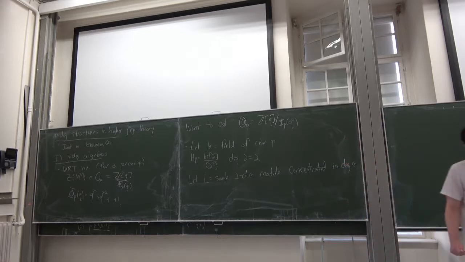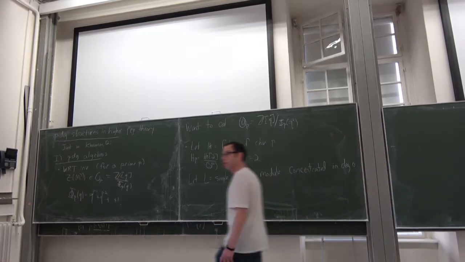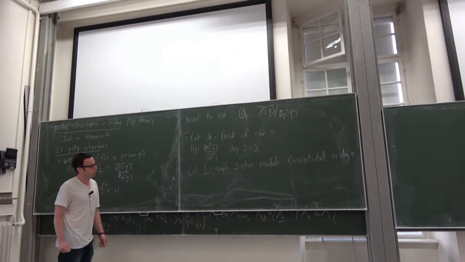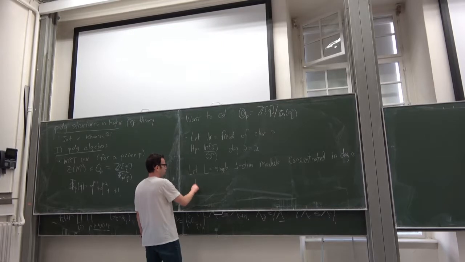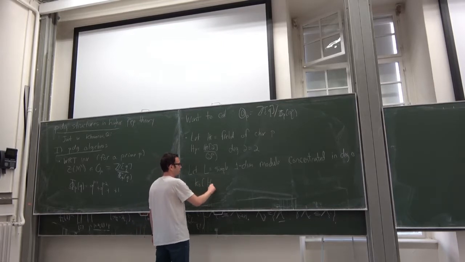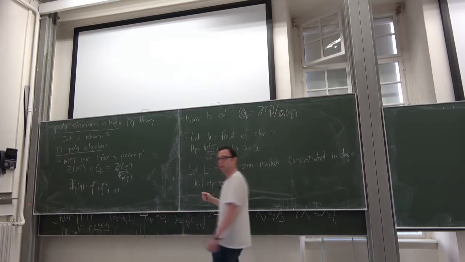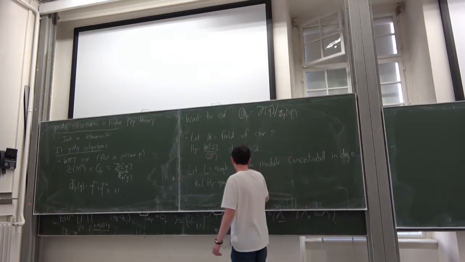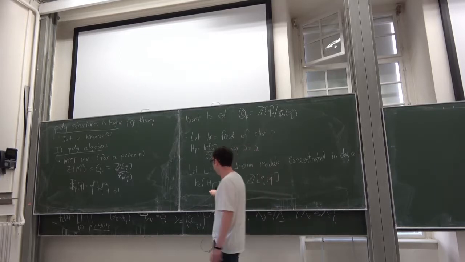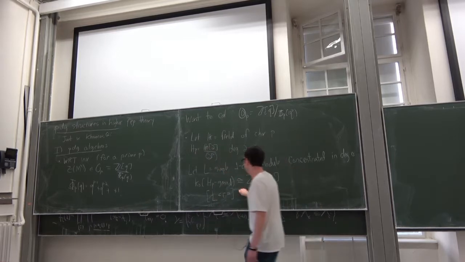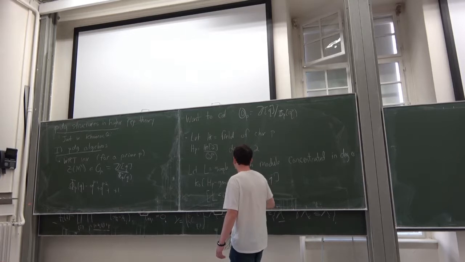And since there's only one simple module, we very quickly conclude what the Grothendieck group of the category of finitely generated graded modules over this algebra is. It is just isomorphic to the ring of Laurent polynomials, where the class of the simple module shifted up by degree r goes to the monomial Q to the r.